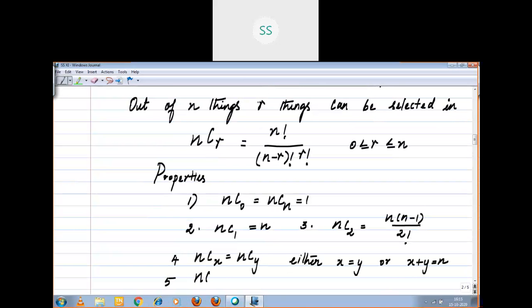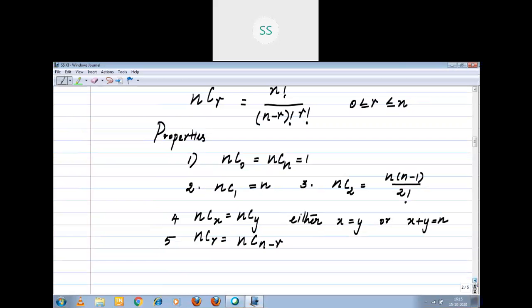Next, property 5: nCr equals nC(n minus r). The result alone you have to read; the proof we don't want. Property 6: nCr plus nC(r minus 1) equals (n plus 1)Cr.